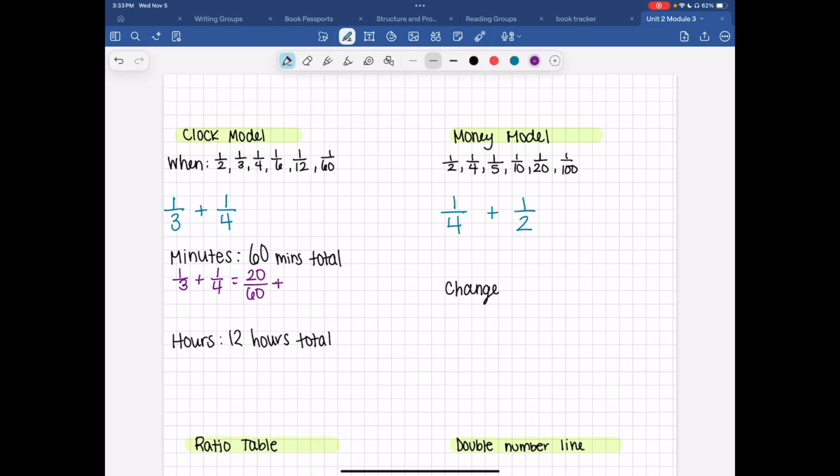Then I have to think about, okay, if I imagined 1/4 or if I colored in 1/4 on my clock model, how many minutes would that be? And that would be 15 minutes out of 60 total. So now I have my equivalent fractions. So again, 20/60ths is equivalent to 1/3, and 15/60ths is equivalent to 1/4.